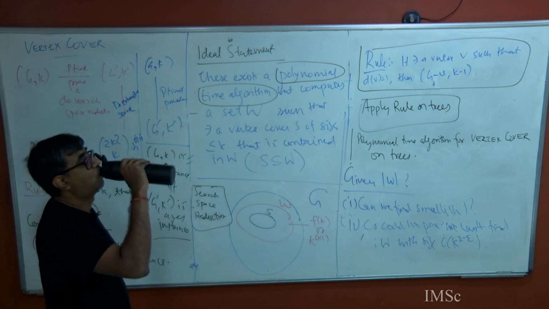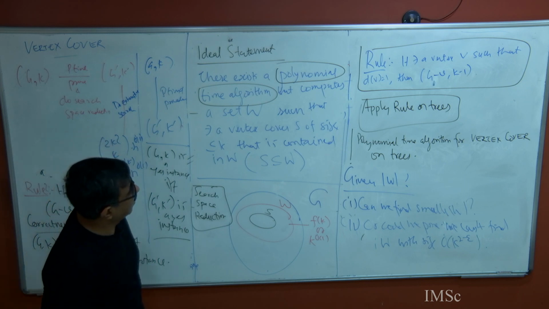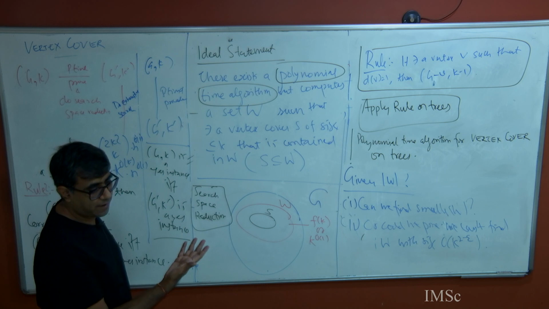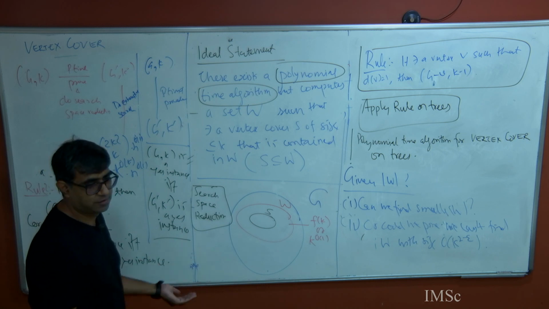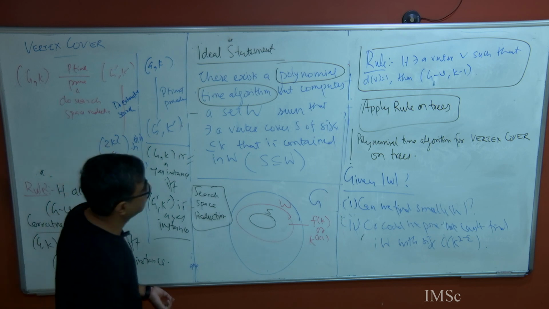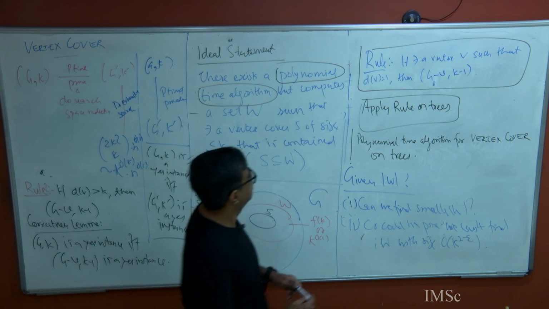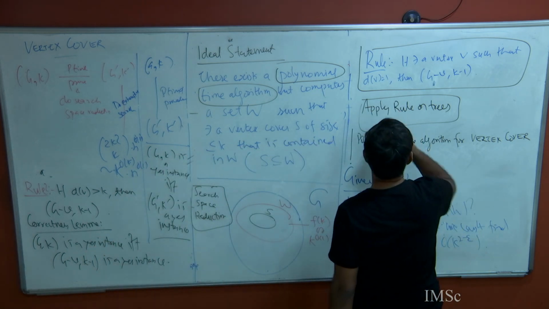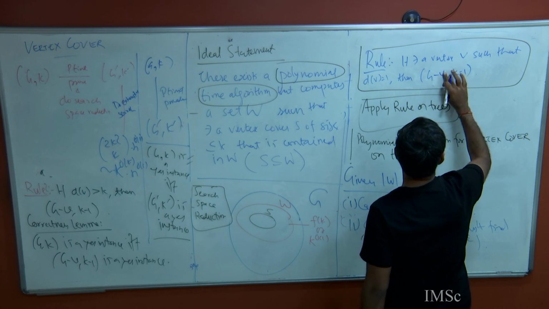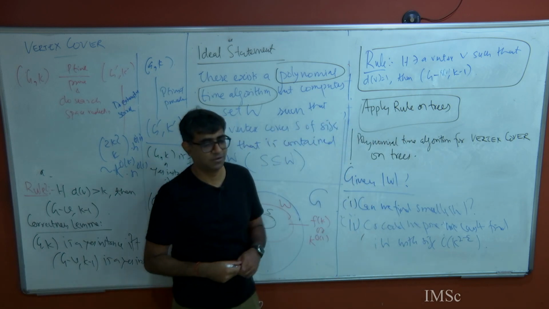In the last rule, are we choosing the degree 1 vertex or are we not choosing it? I'm not finding a solution, I'm just doing the decision version. My rule: if there is a vertex V such that degree of V equals 1, then it should be N of V, because you take its neighbors.